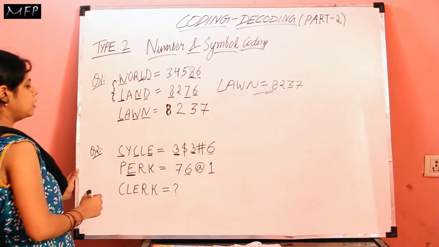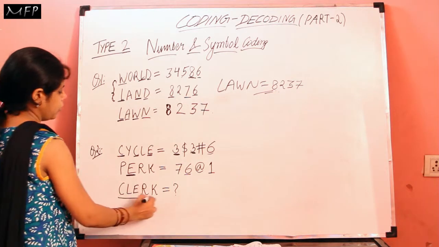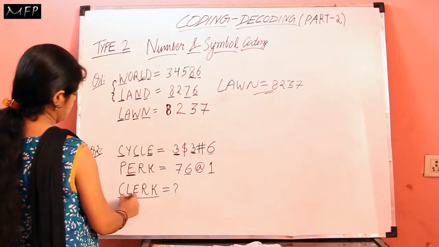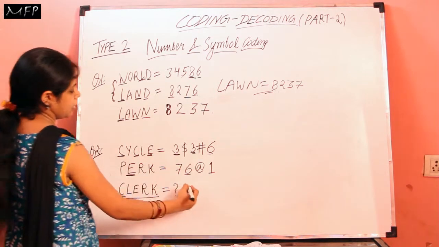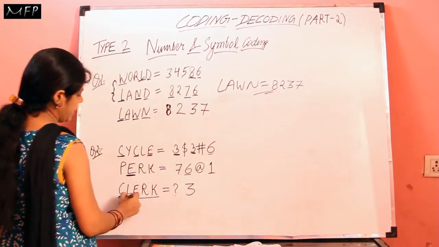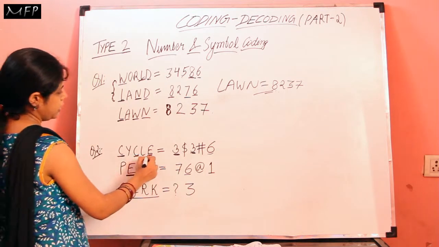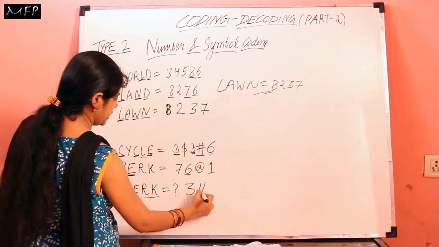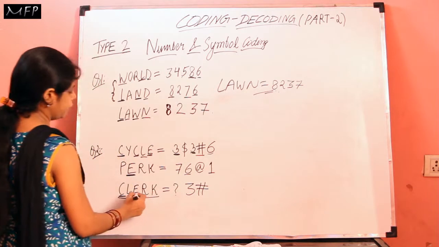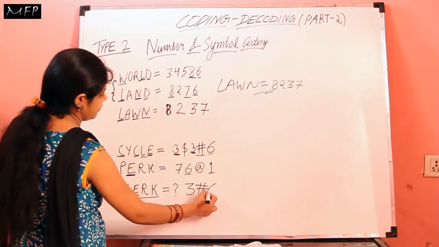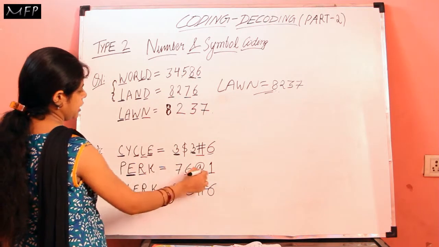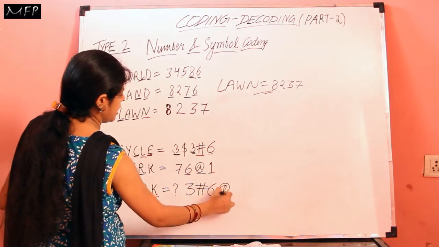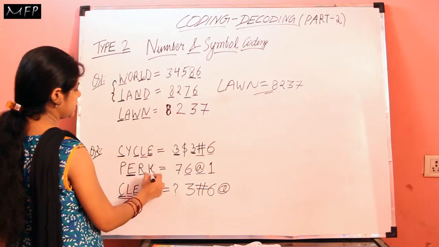So now let us find the code for CLERK. In place of C, what is the code? 3. So here we will write 3. L, what is the code for L? Hash. So here we will write hash. The code for E is 6, here we will write 6. The code for R is at the rate sign, and the code for K is 1.